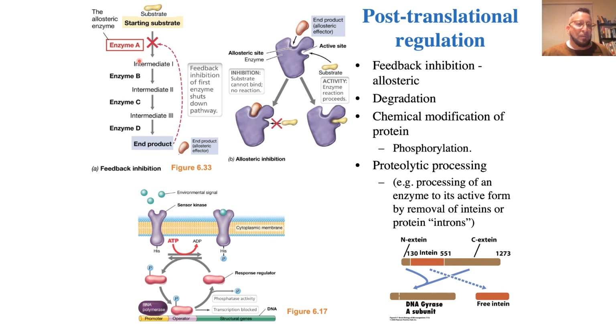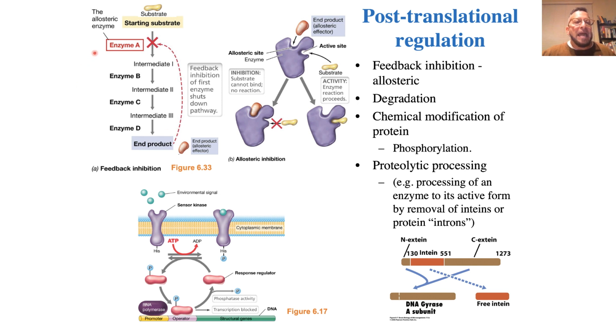Intermediate 1 is the substrate of enzyme B, which produces intermediate 2. Intermediate 2 is the substrate for enzyme C, producing intermediate 3, and then intermediate 3 is the substrate of enzyme D, producing this end product shown over here.